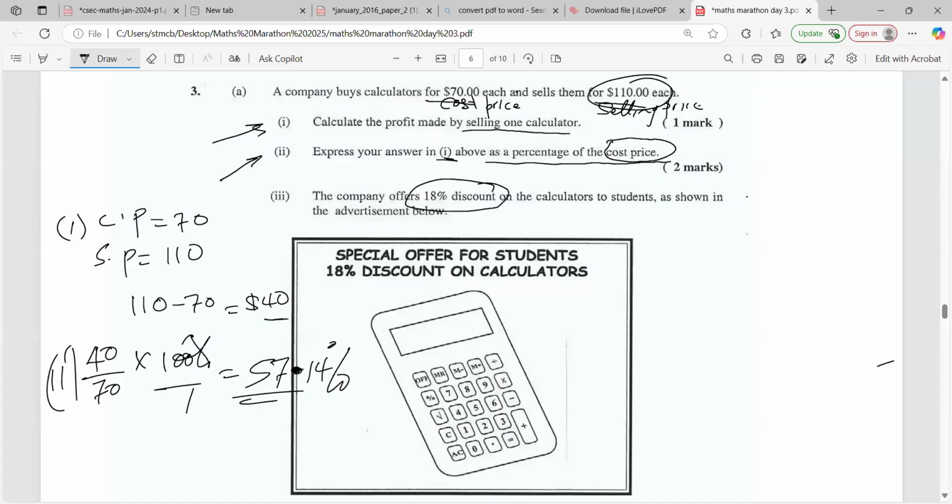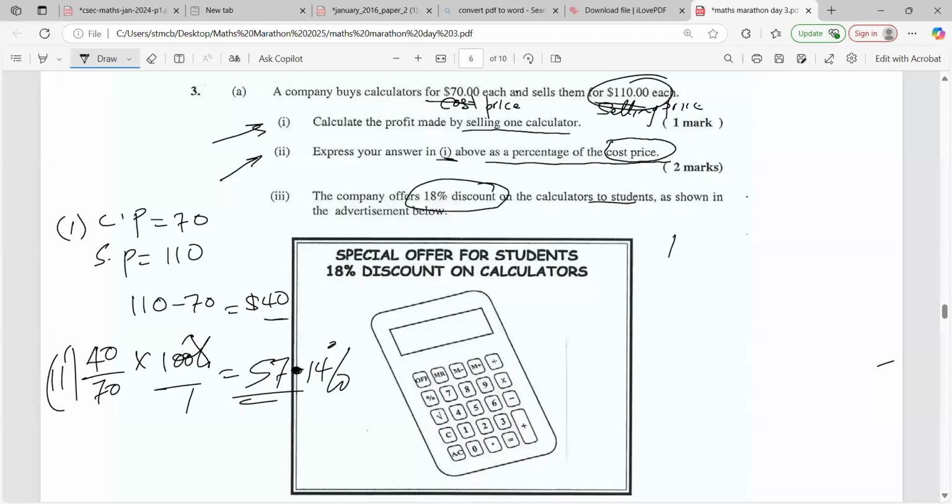All right. So it says the company offers 18% discount on the calculators to students. Remember, students are buying, right? So that means at the price they are sold. Because they buy it for this and then sell it for this.